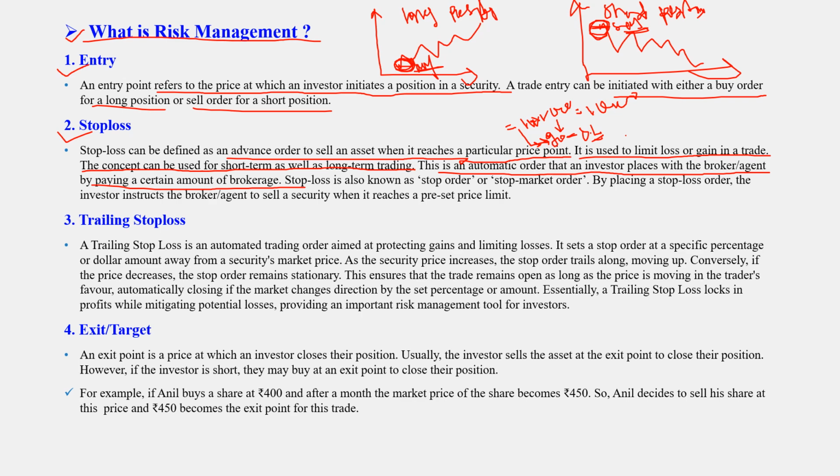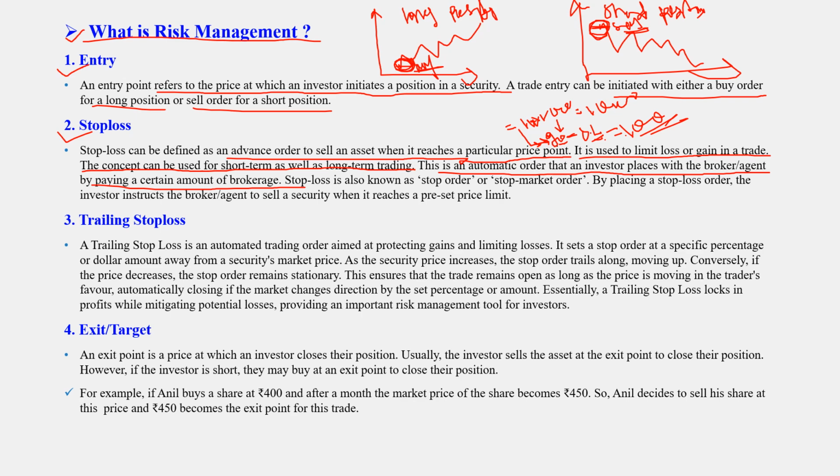We are minimizing the losses through the stop loss, because we execute the order at 90 rupees and reduce the loss to only 10 rupees on 100 rupees, right? This minimizes the maximum losses through the stop loss order. This is the stop loss.